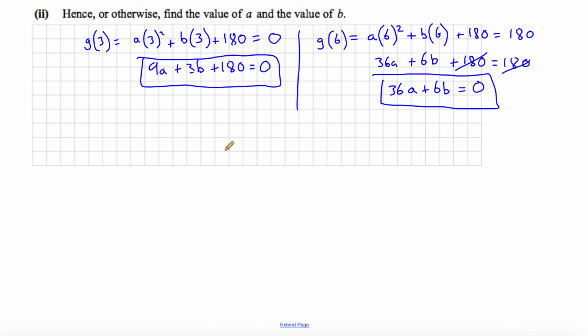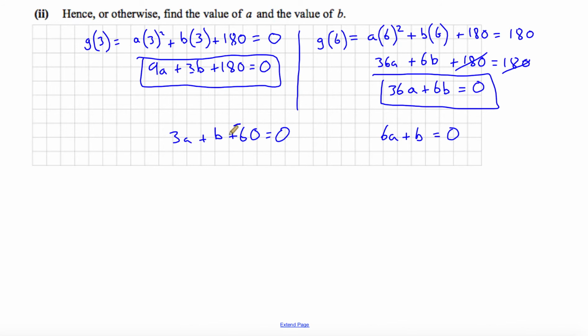I'm going to divide everything in the first equation by 3 to make it simpler. That gives me 3a plus b plus 60 equals 0. I'm going to divide everything in the other by 6, so that gives me 6a plus b equals 0.